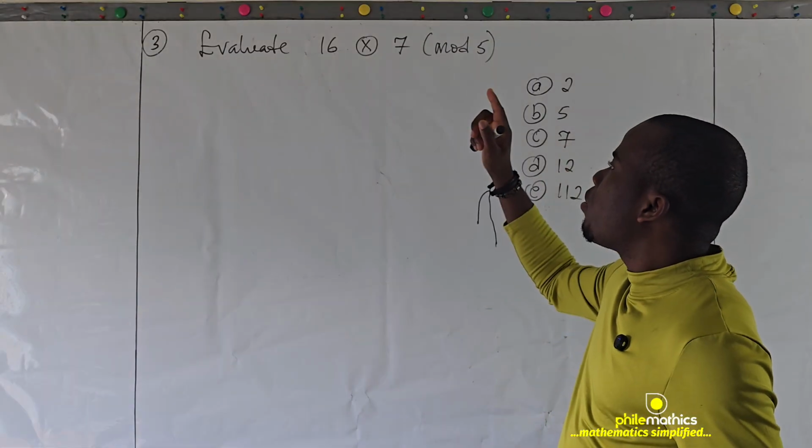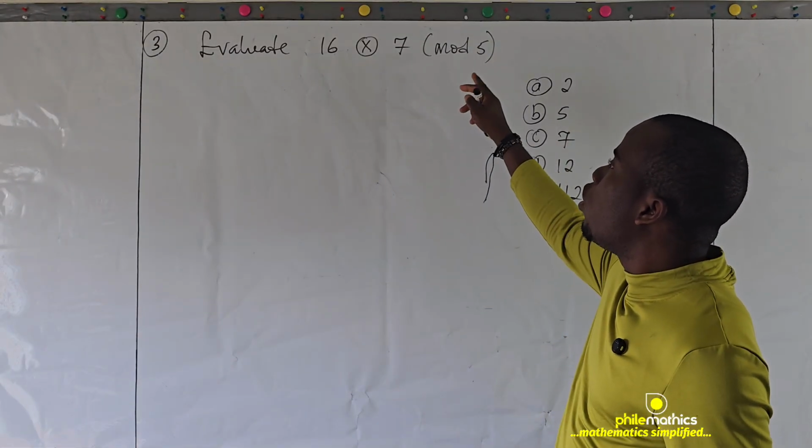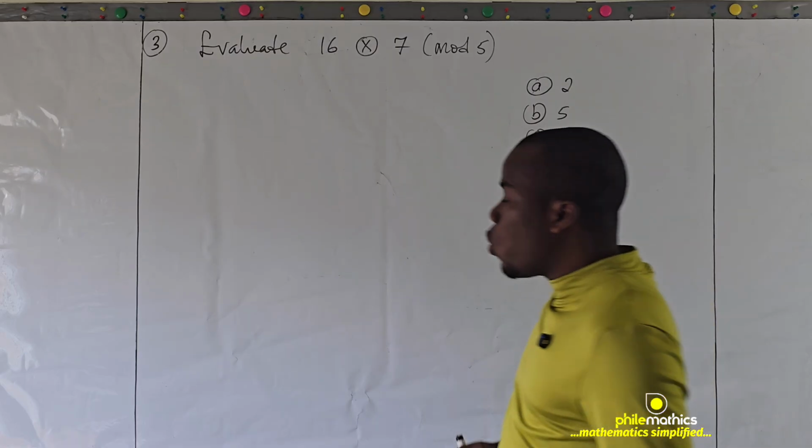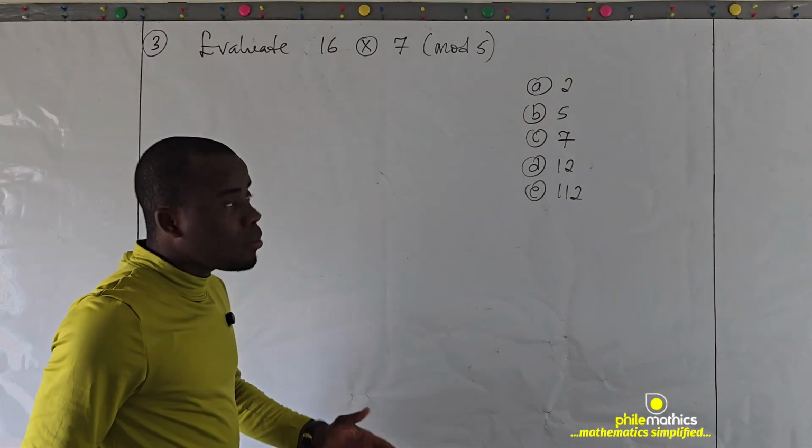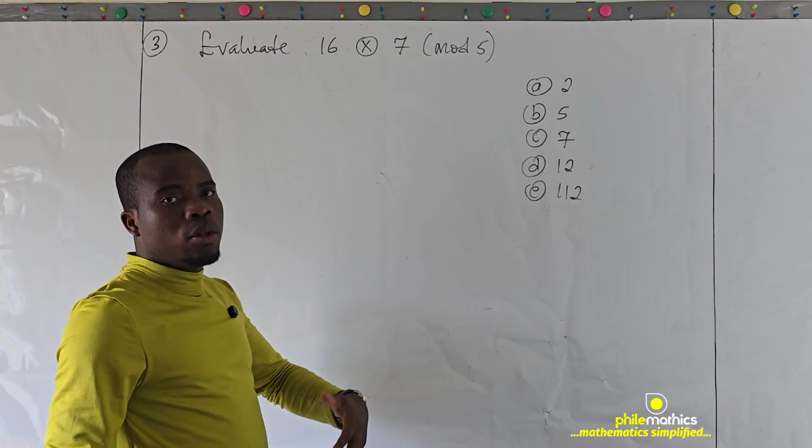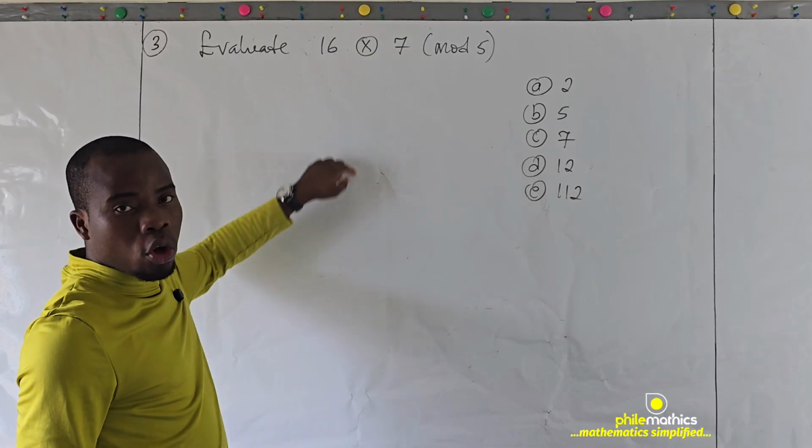Evaluate 16 times 7 in modulo 5. There are two ways we can approach this, because you remember modular arithmetic is just like the wall clock.